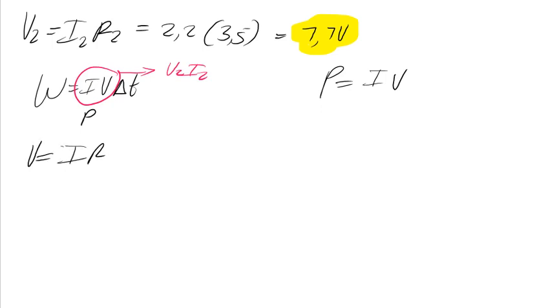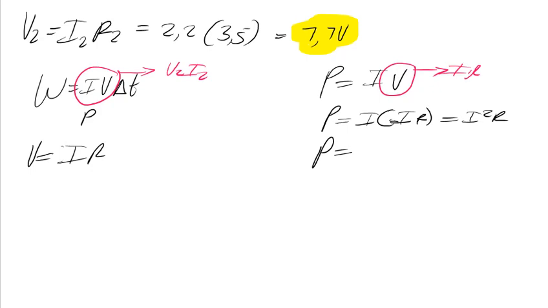So do you know that we can substitute V there? Instead of writing V, we can write IR. Then we keep the same R. So you're going to have I into IR. You see? In case you forget the formula. So you're going to have I squared R. And then P again. We go to the same formula. We are done with V, right? So we go to I. What is I? This I in Ohm's law.